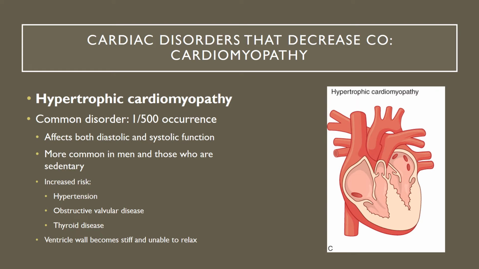This is more common in men than women, and in those who are sedentary versus those who are active. We see things that increase your risk of developing this: hypertension. If your ventricles naturally have to work harder to overcome the afterload placed on them, we could get thickening of the ventricular walls, or hypertrophy.